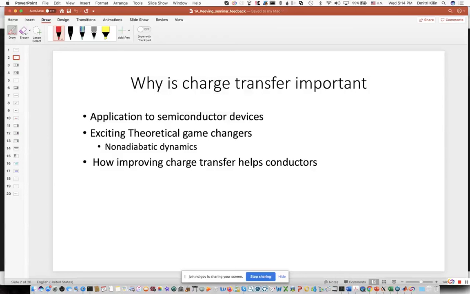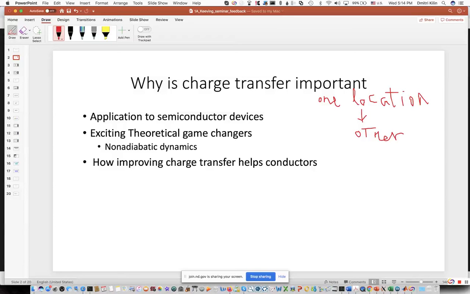One of the reasons I'm studying it is that it's very applicable to semiconductor devices. We use semiconductors in everyday life, from cell phones to computers to microwaves, so improving their efficiency and their transfer rates could have very beneficial practical applications.